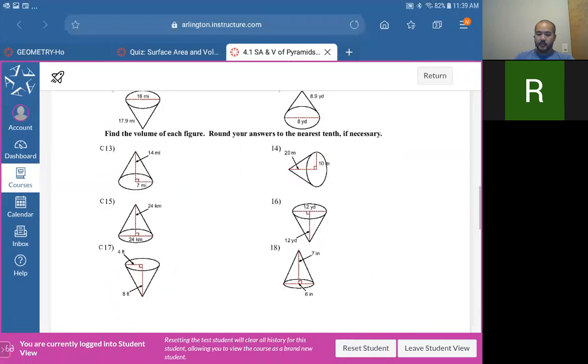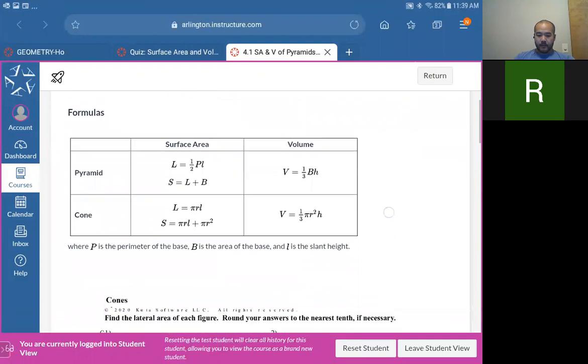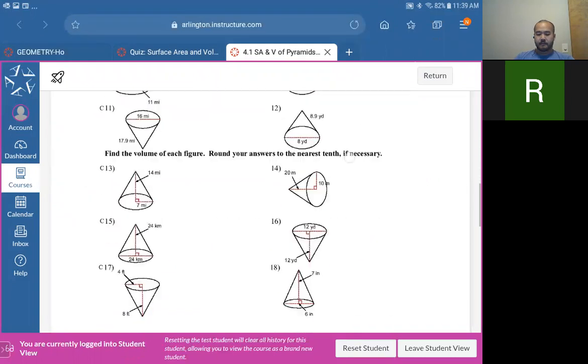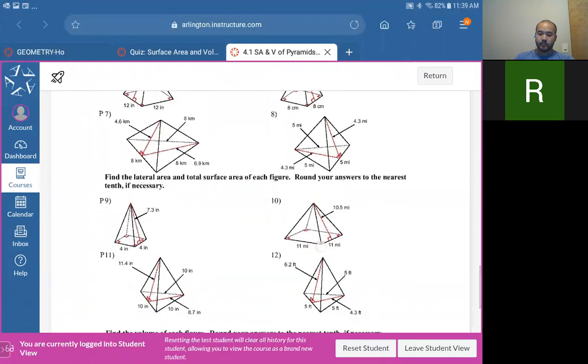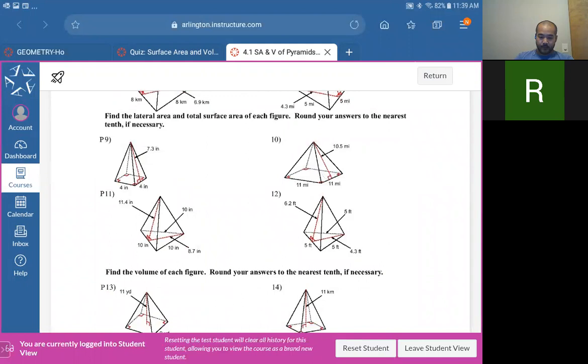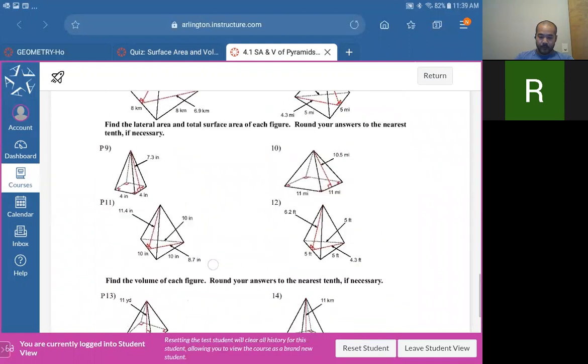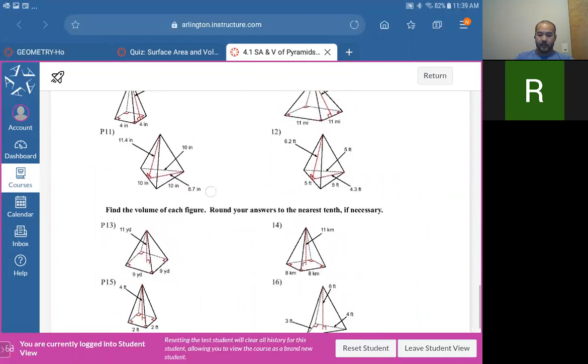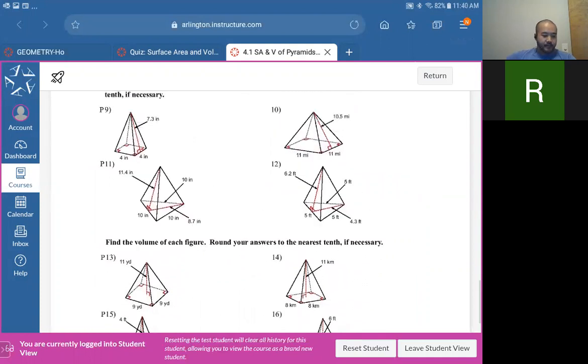All right, pyramids. 1/2 perimeter times slant height, and then you add the base. Lateral and total. Let's see right here. So let's do 11 and 13. I'm writing these numbers so I don't forget them this time.